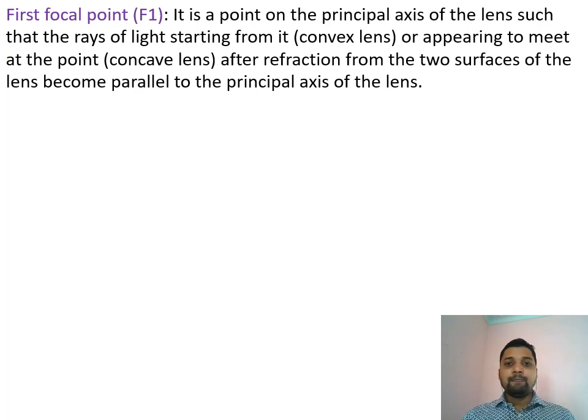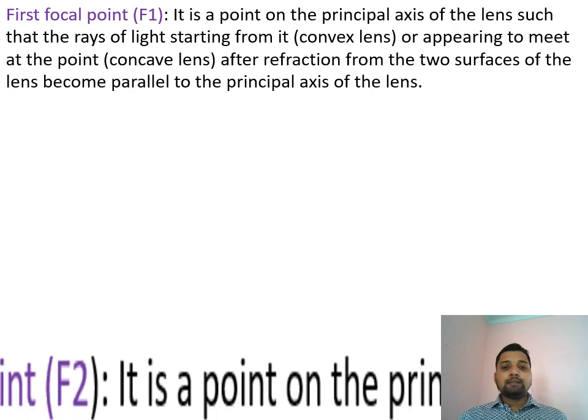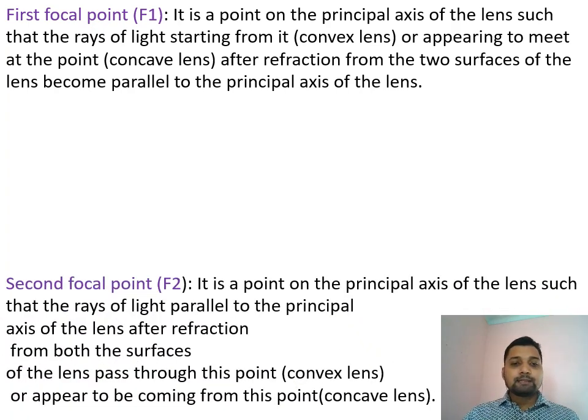Or simply we can say, on one side the rays of light incident from a source meet at a point, F1. In the F2 case, it is that point on the principal axis where a parallel beam of light converges for a convex lens or diverges for a diverging or concave lens.